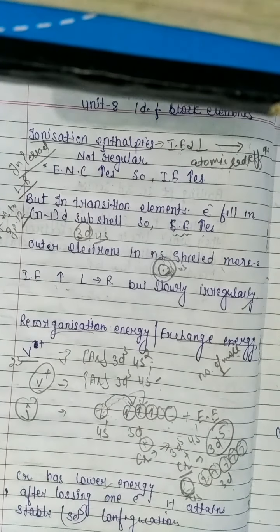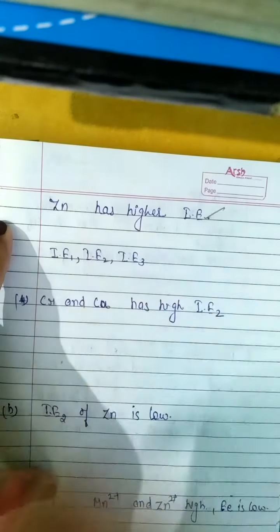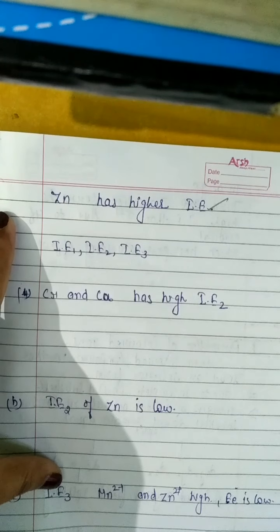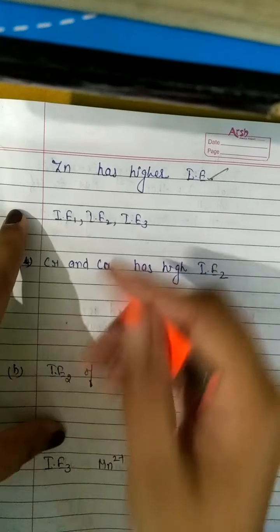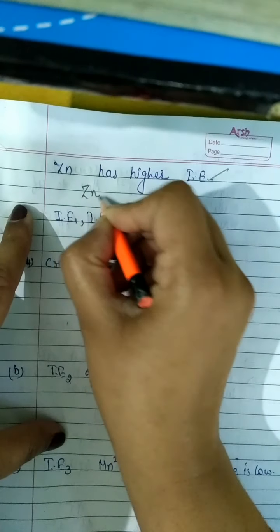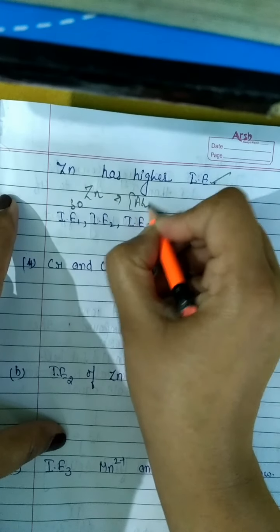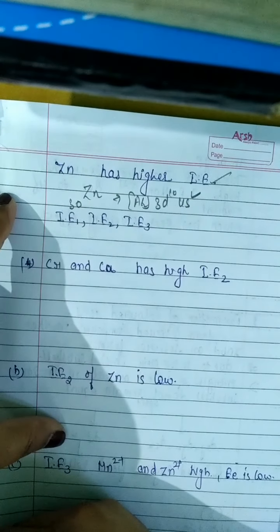Next, we have discussed zinc. Zinc has a higher ionization enthalpy. Now, the question is why zinc has a higher ionization enthalpy. In the case of zinc, the atomic number is 30 and the configuration becomes Ar 3d10 4s2.